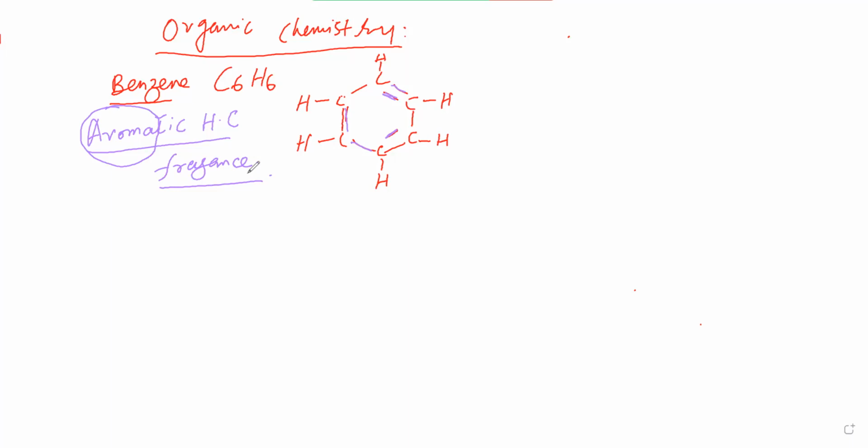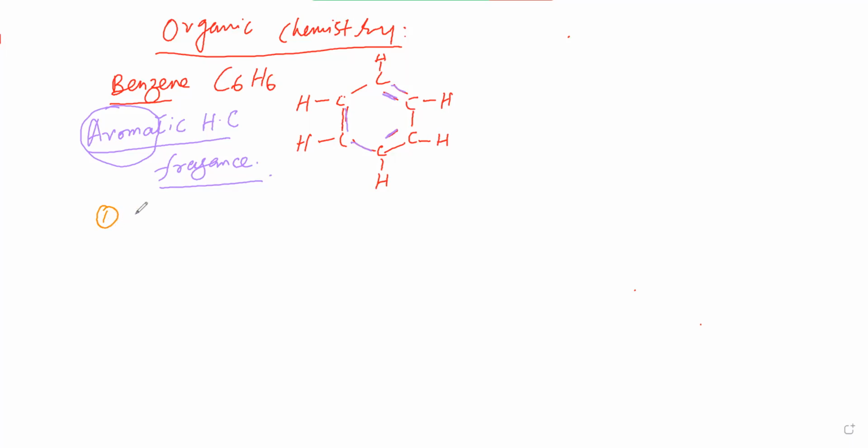Now, but it was not an exact definition. So currently, the exact definition that we have for aromatic hydrocarbons needs to fulfill these four principles, these four parameters, these four criteria.